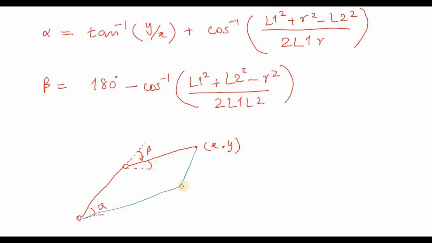So this is another different value of your beta and your alpha here. So yeah, it means that there can be multiple solutions to inverse kinematics problem. So now let's see quickly another example of how we can find inverse kinematics.